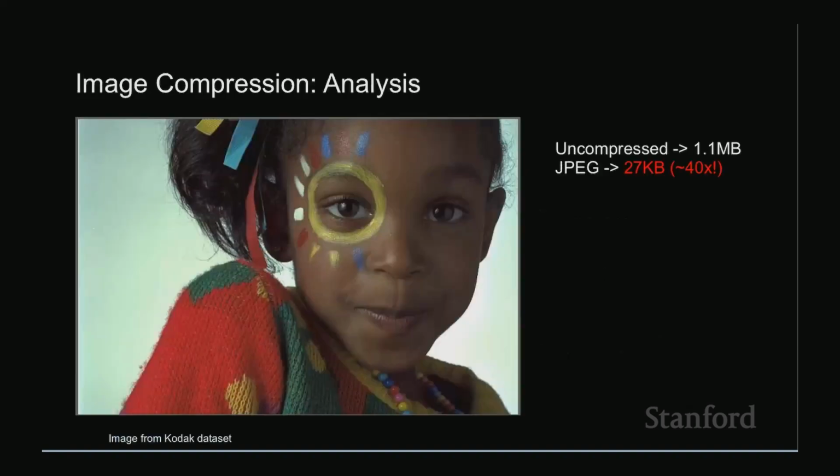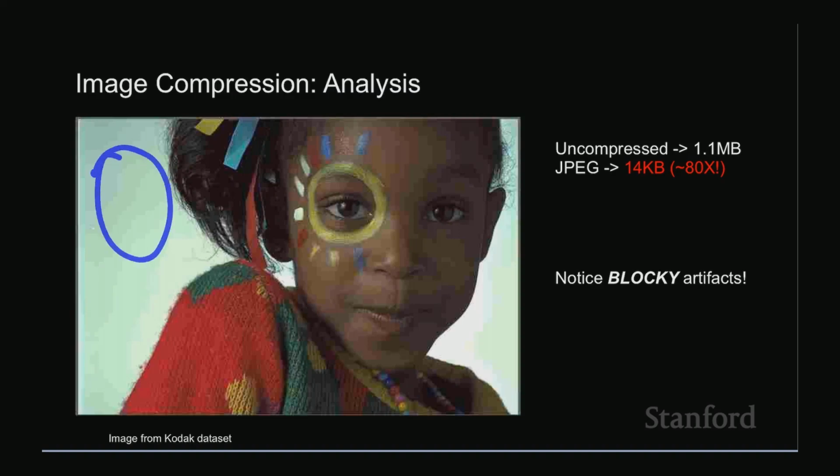Okay. And so this is our original image, which we started with, 40x uncompressed. And this is the same image 80x compressed using JPEG. And in this image, now you can see all these artifacts which we pointed out. And now you can actually explain some of these artifacts.